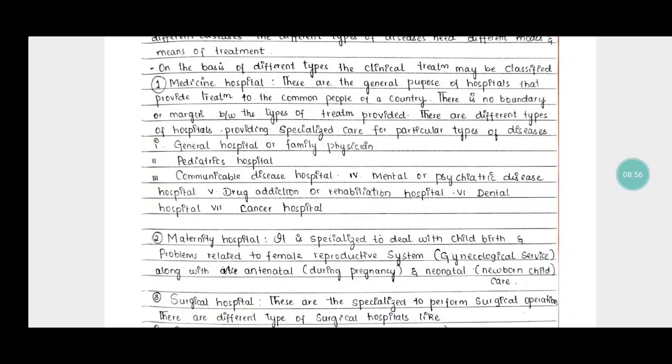So in that number 2, that is maternity hospital, which is used for childbirth, or for problems related to the female reproductive system, along with antenatal care, that is during pregnancy, and neonatal care, that is newborn baby child care.